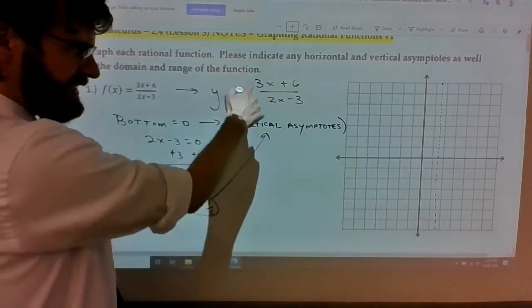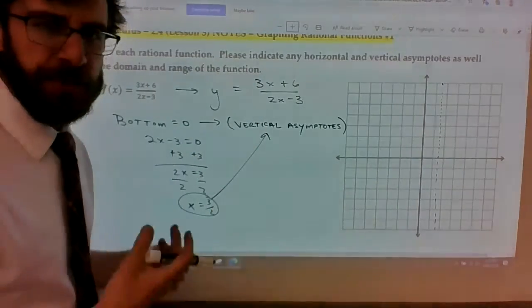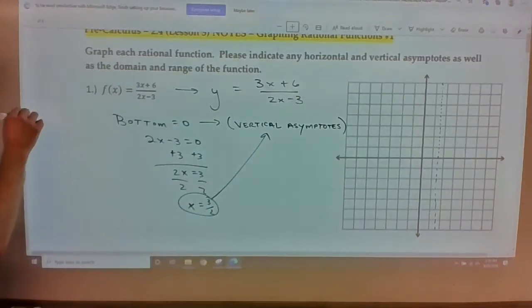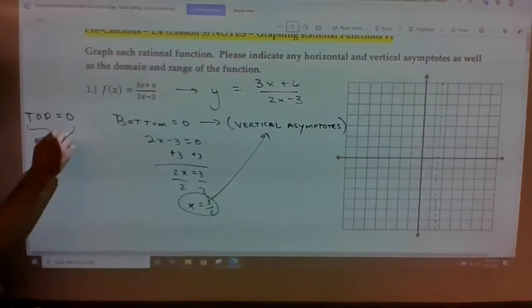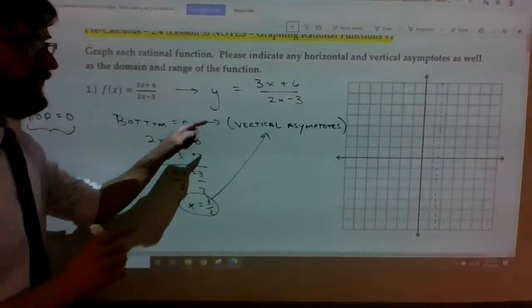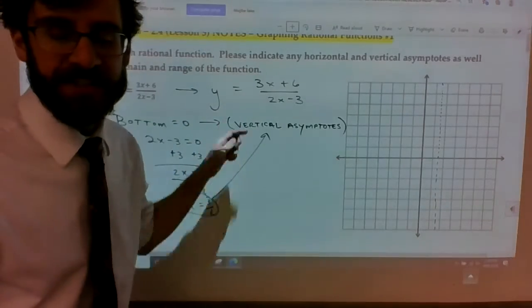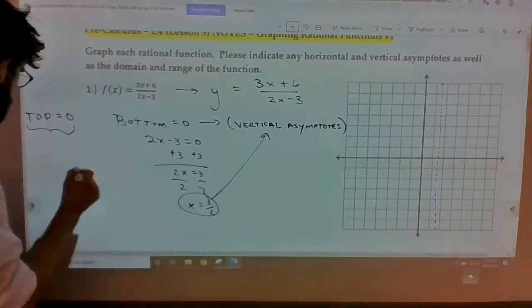So what about the top? What happens when you set the top equal to 0? Well, these are the places where it crosses the x-axis. It's the zeros of the function.